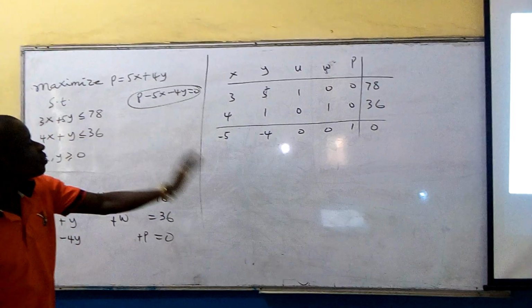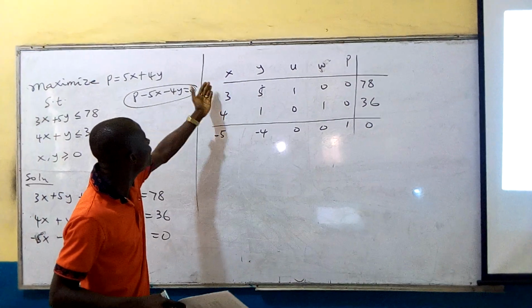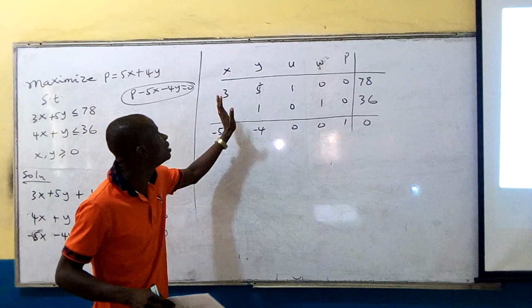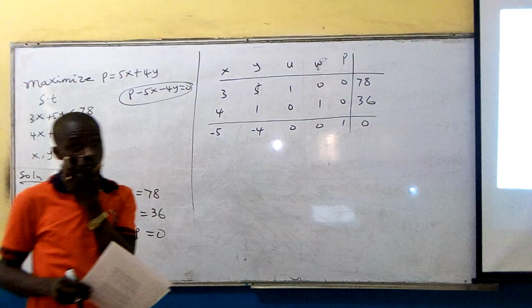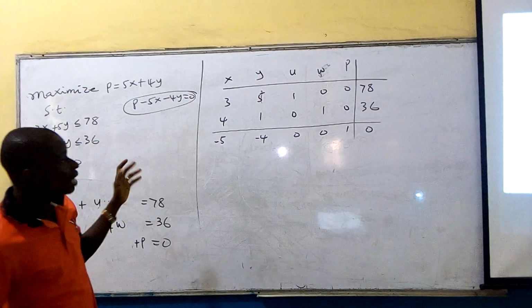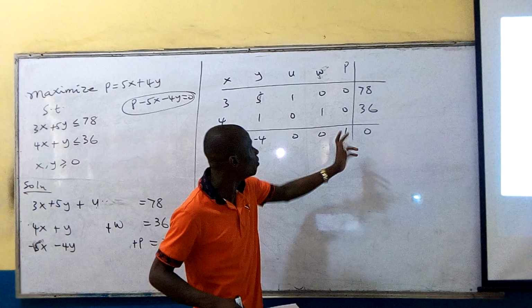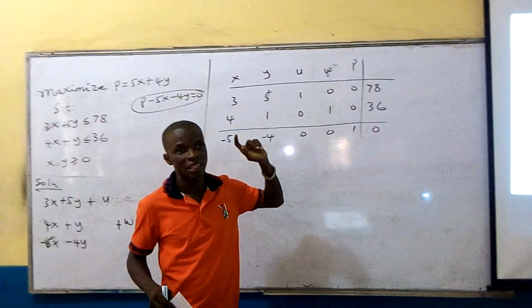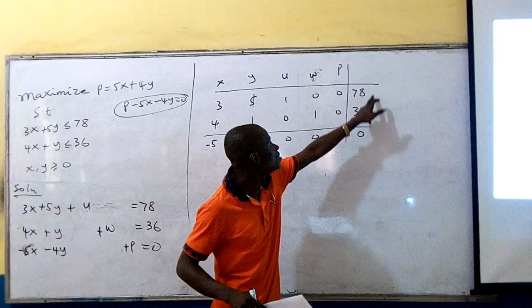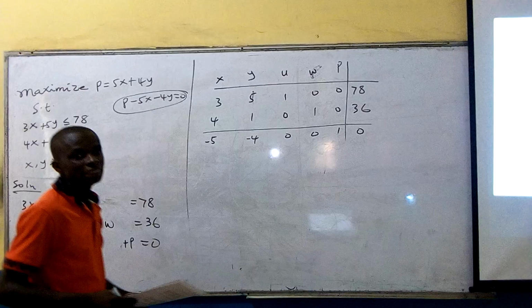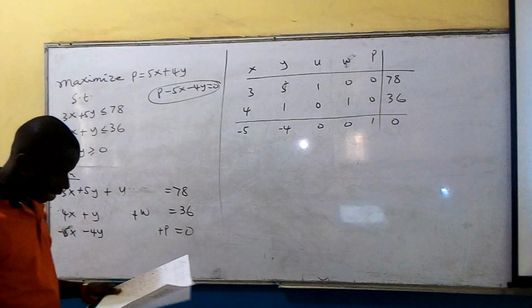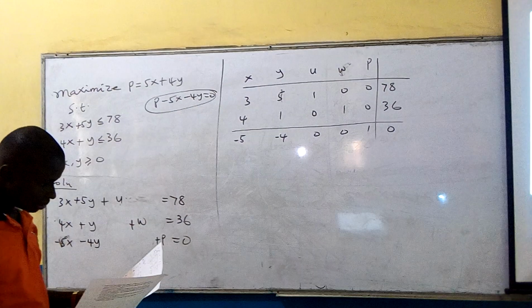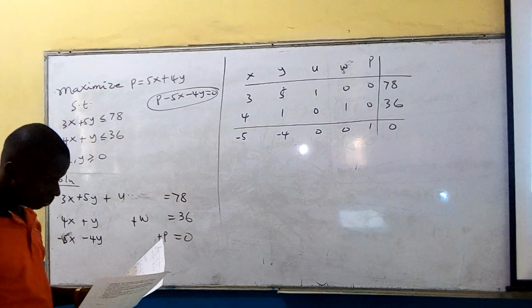So in the simplex algorithm, all that we want to do is see if we can convert these columns to unit columns. If we do that, whatever value we have here will be the solution, and the values that we see here will be the answers for the variables that we are looking at.